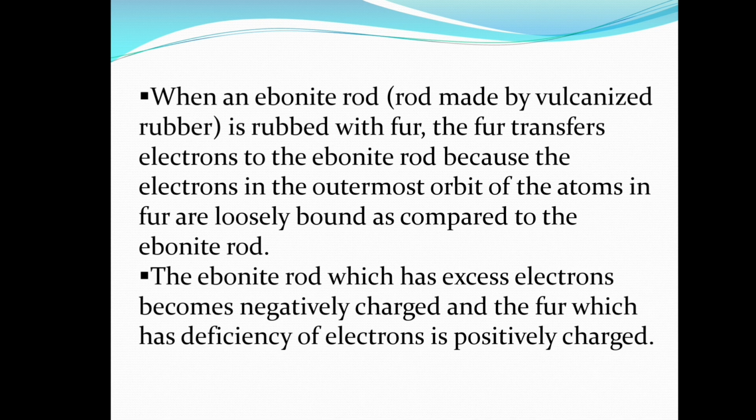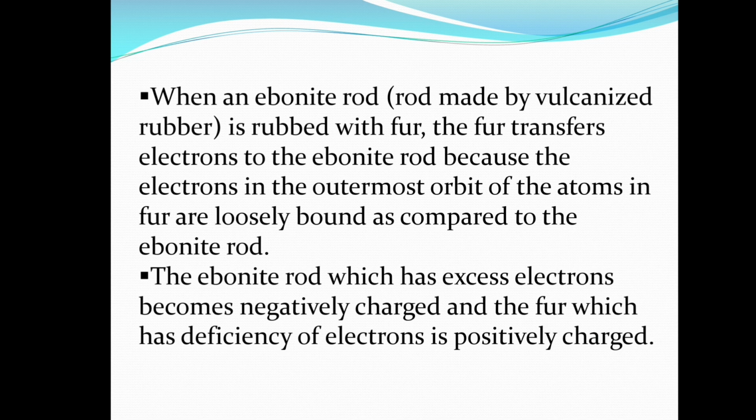So when the ebonite rod is rubbed with the fur cloth, what happens? The ebonite rod has excess electrons, so it becomes negatively charged, and the fur, which has a deficiency of electrons, becomes positively charged.